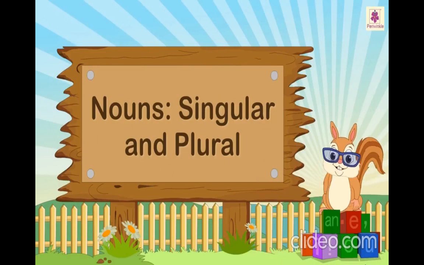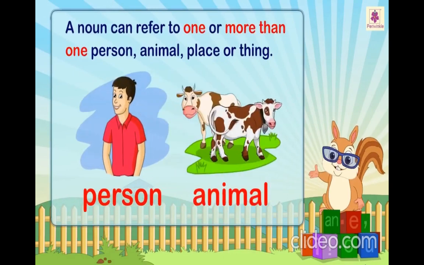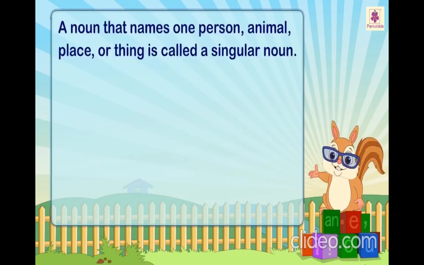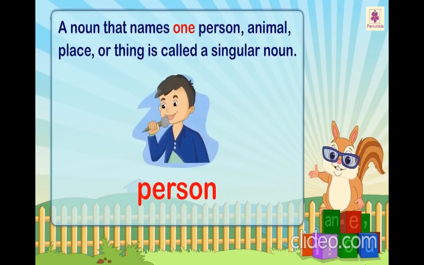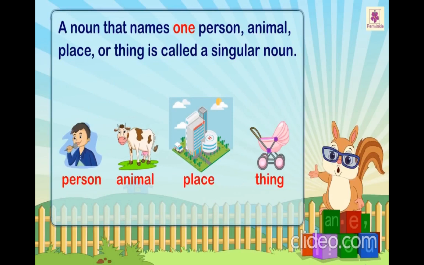Nouns, singulars and plurals. A noun can refer to one or more than one person, animal, place, or thing. A noun that names one person, animal, place, or thing is called a singular noun.